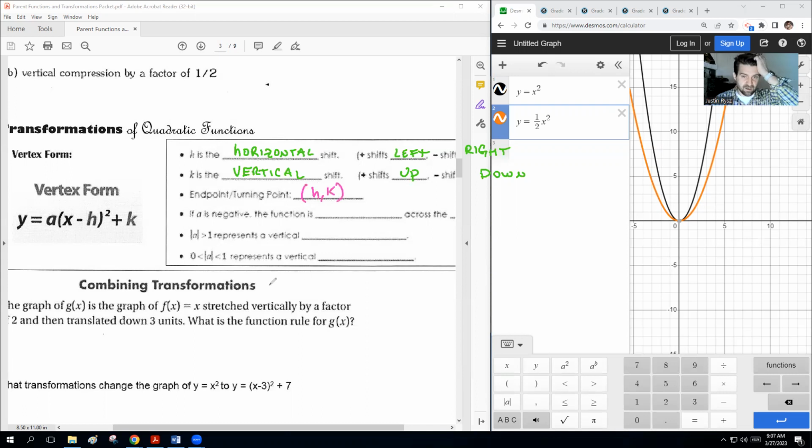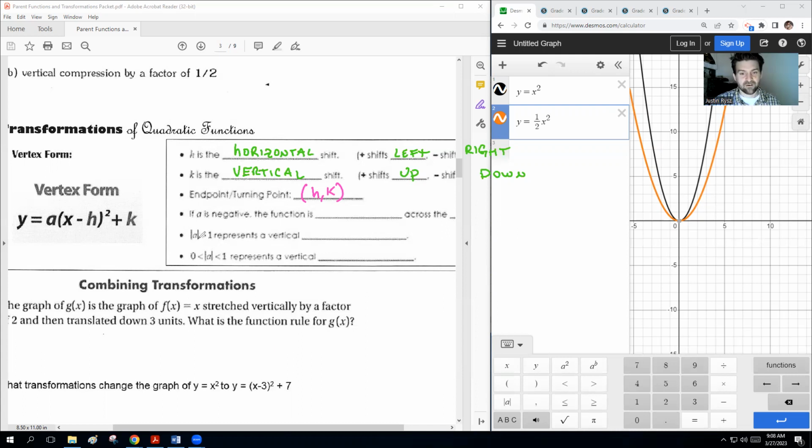That's our vertex. All right, if a is negative, the function is reflected across the x-axis. So remember, if a is a negative number, it's going to flip. So, okay, we are going to have a sad face.